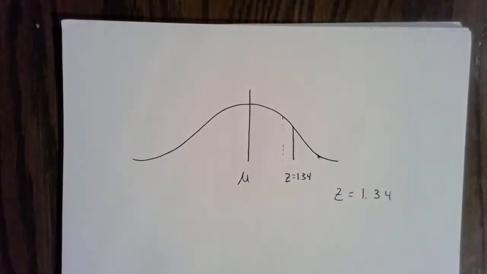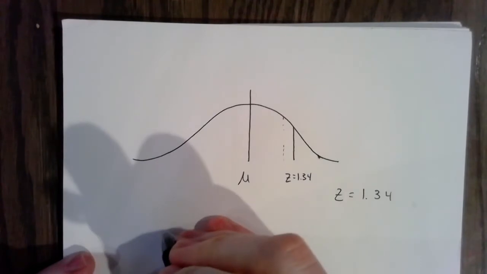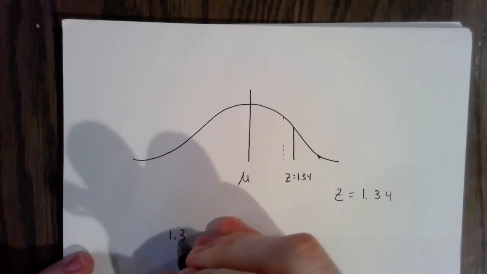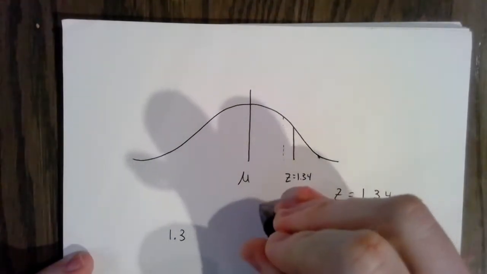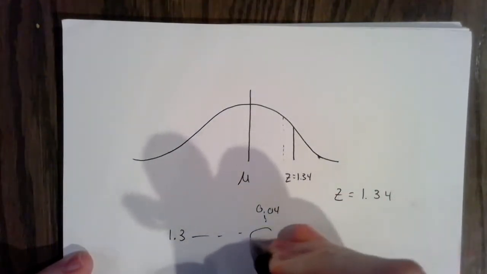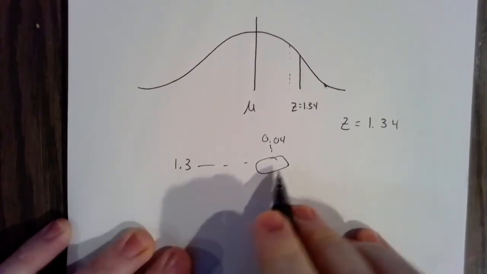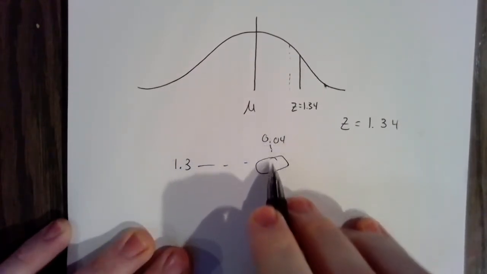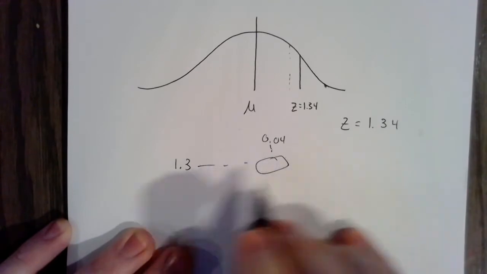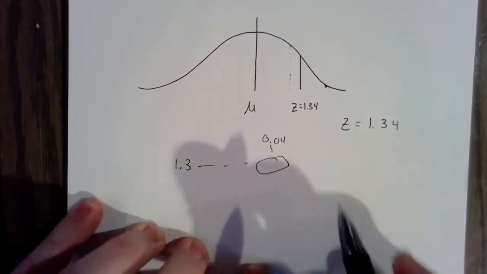And then what we've been doing is going to our tables, and we get some percent. We look up z equals 1.3, go over to 0.04, look down, and there's a number that represents 1.34. What does this number actually represent?